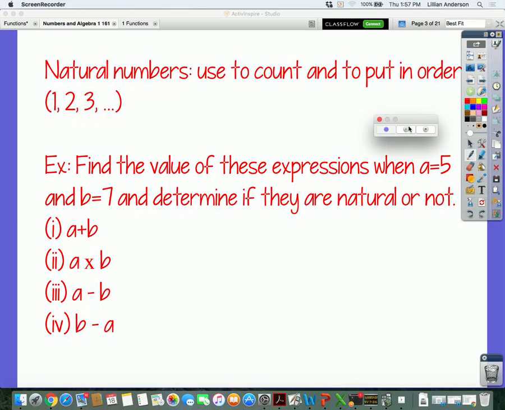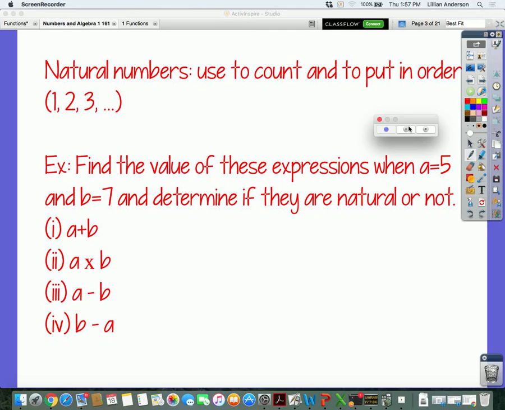But natural numbers are like whole numbers. What other kind of numbers are they? Positive, right? Are they all positive? There were no negatives in that list. So they're positive whole numbers, so no decimals, no fractions, nothing like that. The ones that you use to count, 1, 2, 3, 4, 5, 6, all the way up.